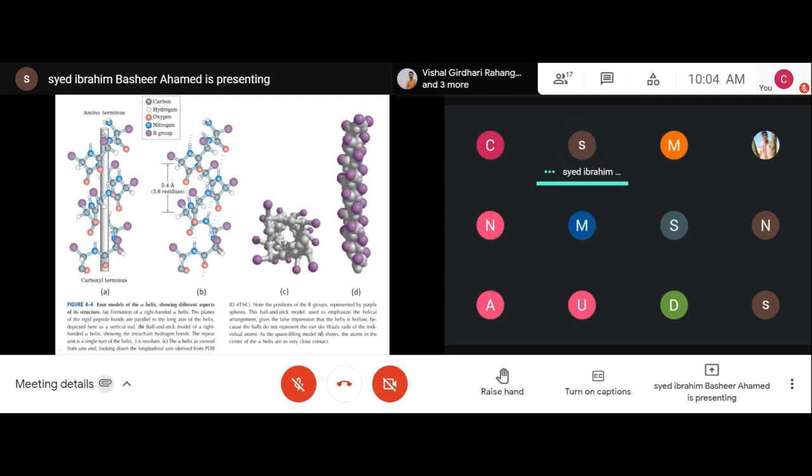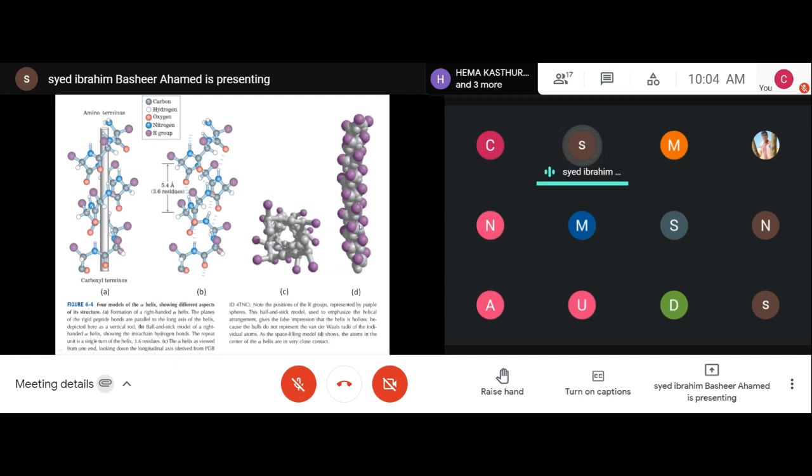So it looks like it has some hole in this region. But in the actual case, you won't see any cavity or hole through the center of the alpha helix, because the cavity seen here is very small.